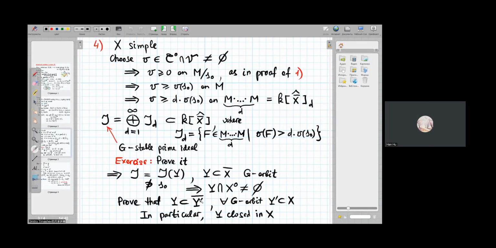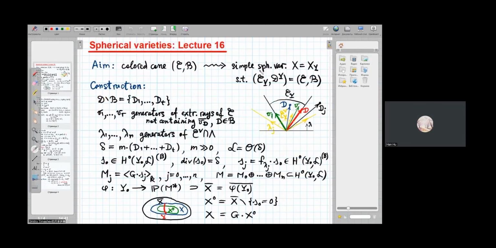If you have questions about the previous steps of the proof, then please ask. We are very close to finishing the proof, but still we have to do something. We have proved that X is simple, but we have to finally prove this equality. This is all that is left.